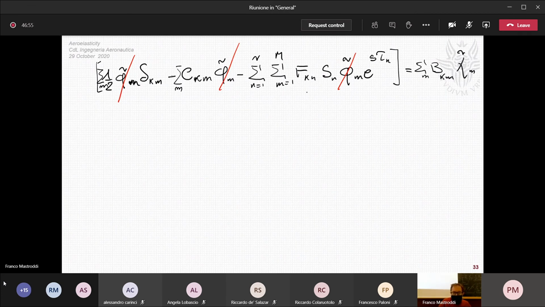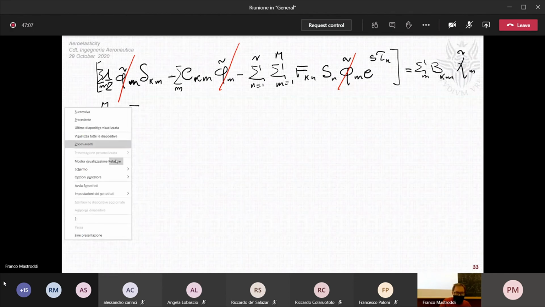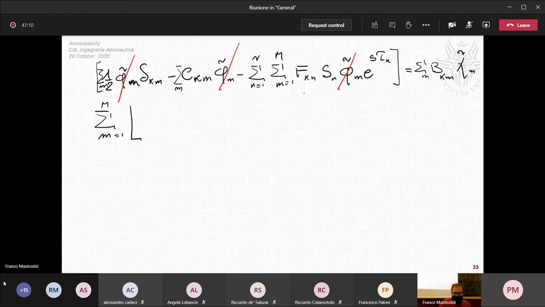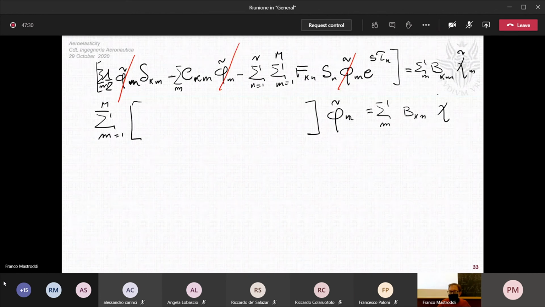And you can collect this m summation from 1 to capital M of a unique quantity applied to phi tilde_m, equal to the summation of b_km k tilde_m.